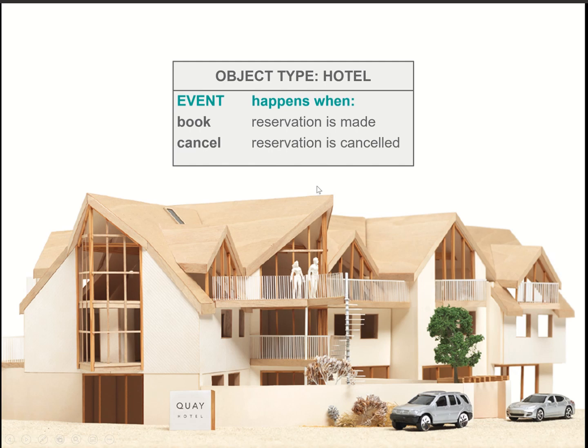So we can understand. Okay, so that means this hotel object can receive that event from other users. Book means it allows you to occupy a room or some rooms, and then cancel will empty them out. Set the rooms as empty. So when we do the booking, we do the cancellation, we need to confirm whether we allow you to book.